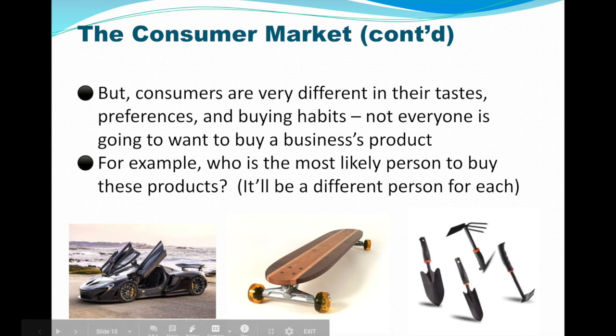On the left, this is a McLaren F1, I believe. Very cool sports car. Just by looking at it, you can probably tell the kind of person who's going to buy that car. So why don't you take a minute and think to yourself, what would the characteristics be of someone who's going to buy that vehicle?